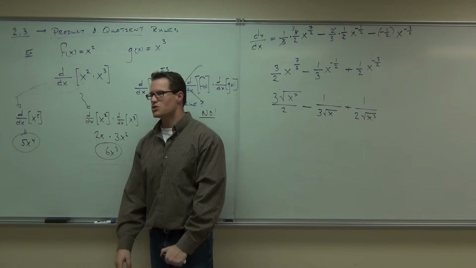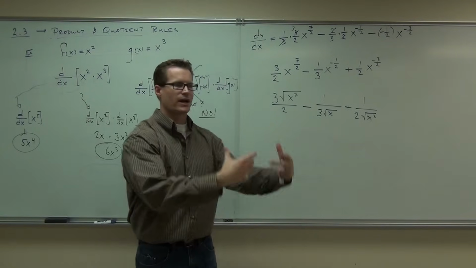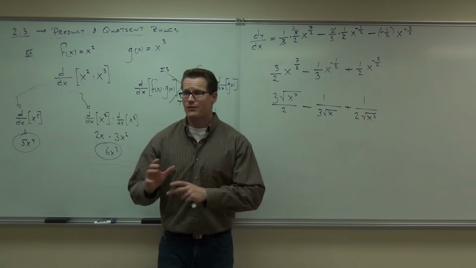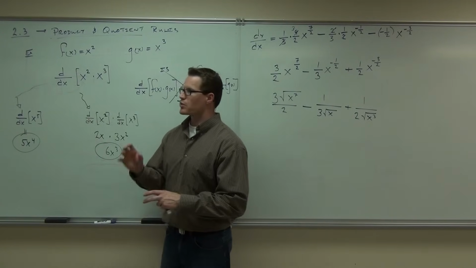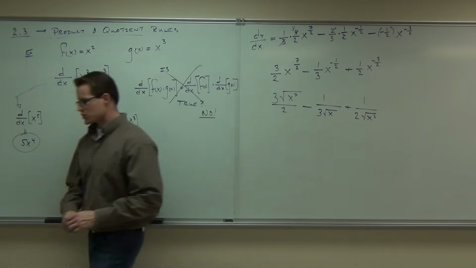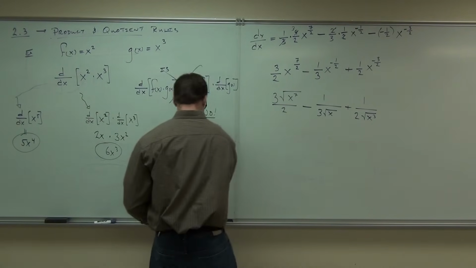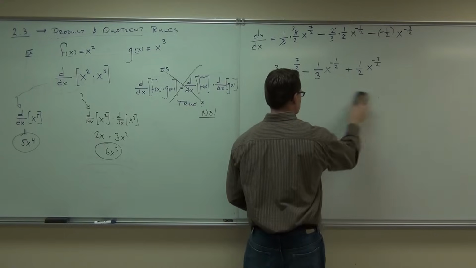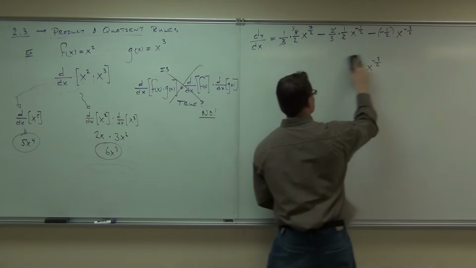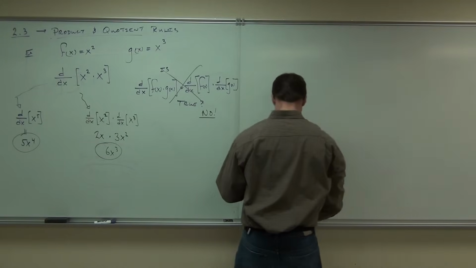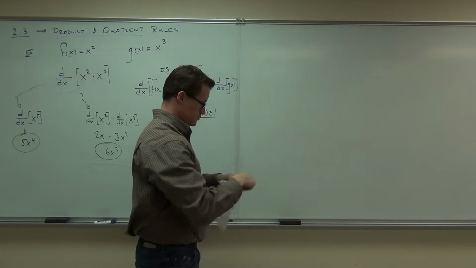So what are we supposed to do when we get these functions that are multiplied together? We either have to distribute them, or we have to find a better way, and that way is called the product rule, which is the name of our section here. We're going to look right now at how we actually do the product rule.